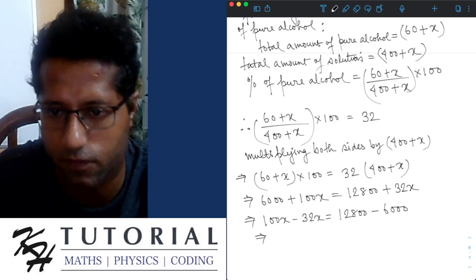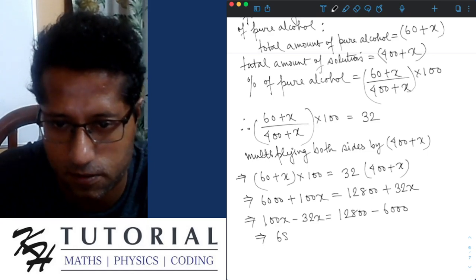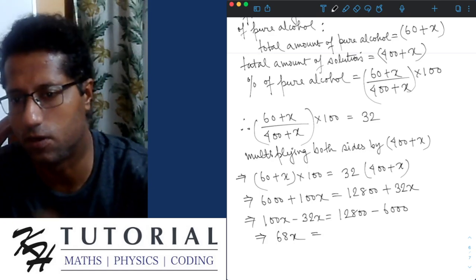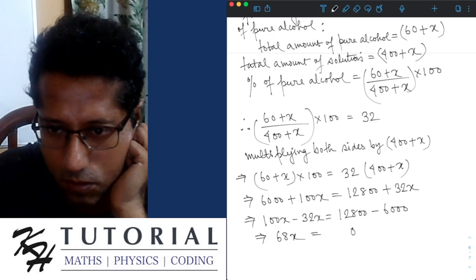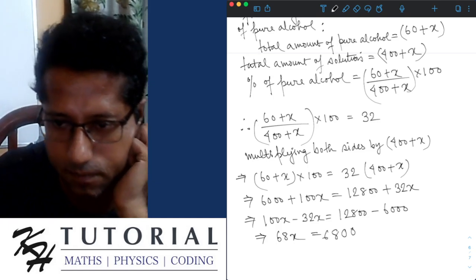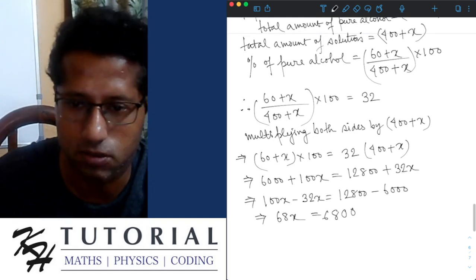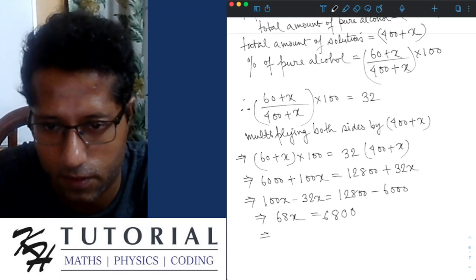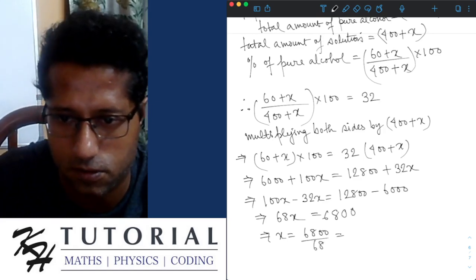If we simplify, the LHS, 100x minus 32x, is 68x, and the RHS, 12800 minus 6000, is 6800. So we have got 68x equals 6800. From here we can say that x equals 6800 divided by 68, which is 100.